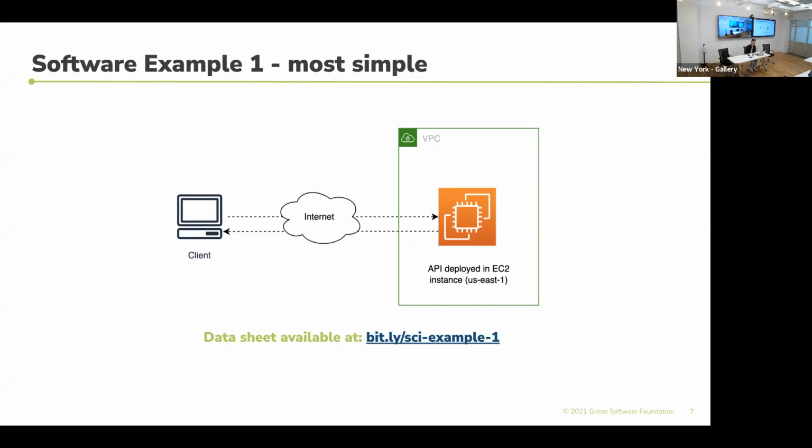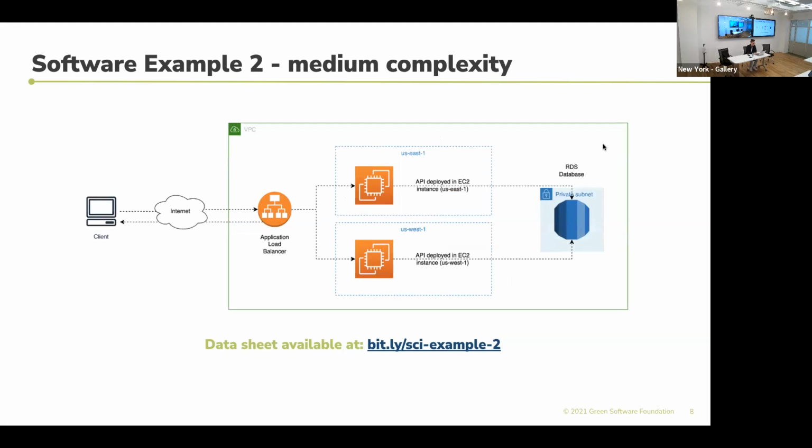But this is a very simple software application. It's just an API deployed to an instance in the cloud running in a US East region, and then there's some data going back and forth between that. You'll see more data on this in the data sheet. The next one is sort of medium complexity. Very similar URL.